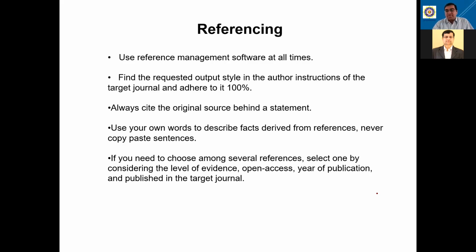It will only reflect that you are not updated. You don't know about the recent happenings. So select the references by considering the citations, by considering the hot topics in your field.